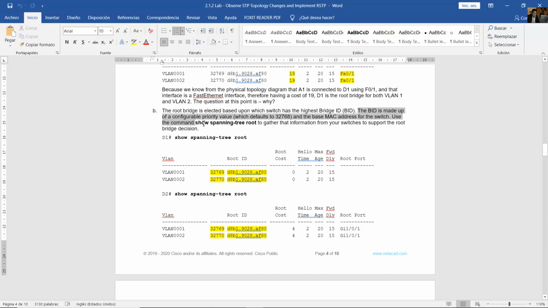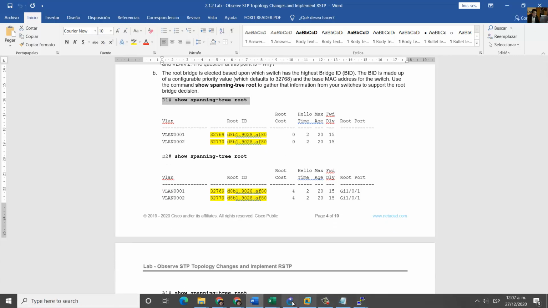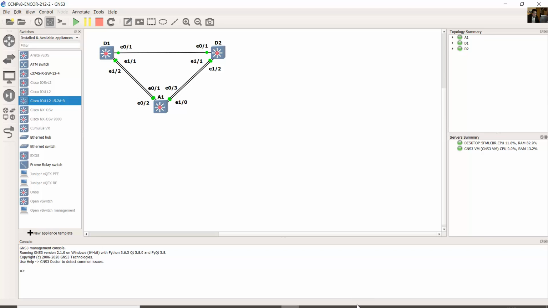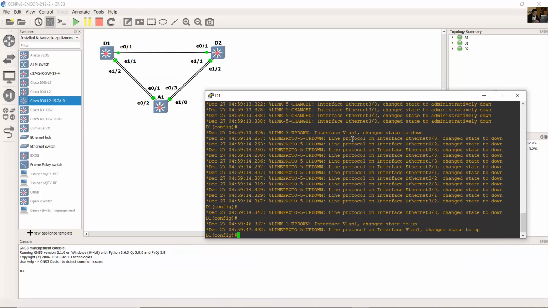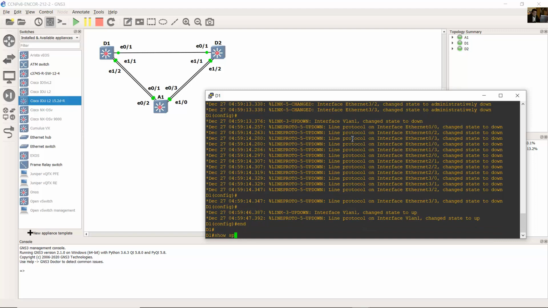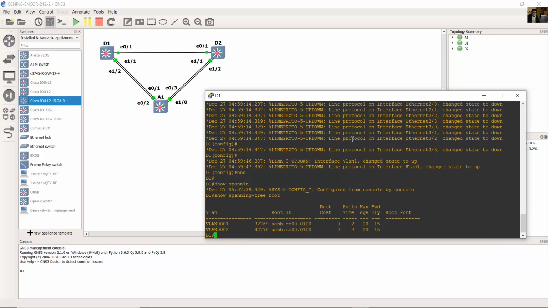Use the command show spanning tree root to gather that information from your switches to support the root bridge decision. Go to D1. Show spanning tree root.